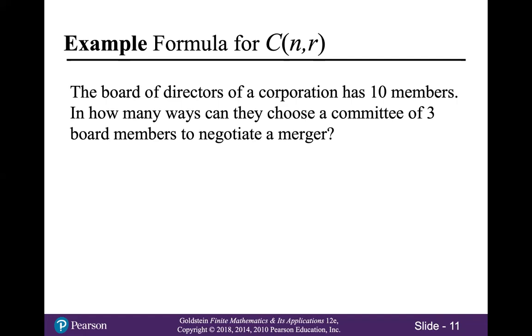The first person is the chairperson, second person is the vice chairperson. In this case, the committee of 3 people have no specific roles. So picking Alice, Charlie, and Fred is the same thing as choosing Fred, Alice, and Charlie. It's the same committee. So I am going to switch back over to the calculator.